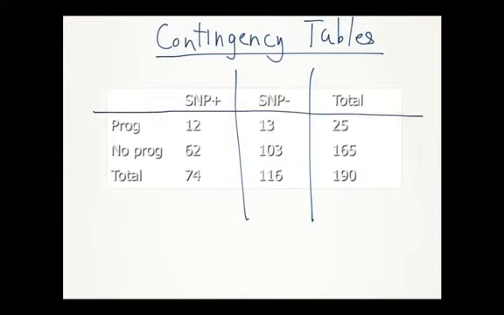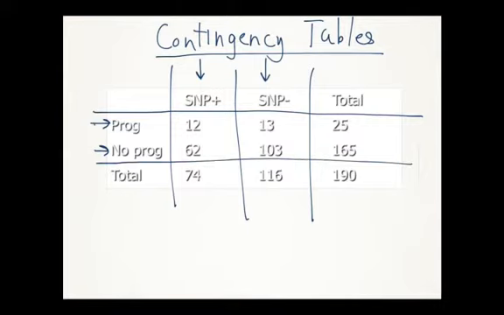We have those people who progress, as well as the non-progressors over here. That's the outcome, and then the covariate is whether they have the SNP or they don't. SNP plus means they have the SNP. It's the same exact data as before, but displayed in this table format, which is what we call a contingency table.